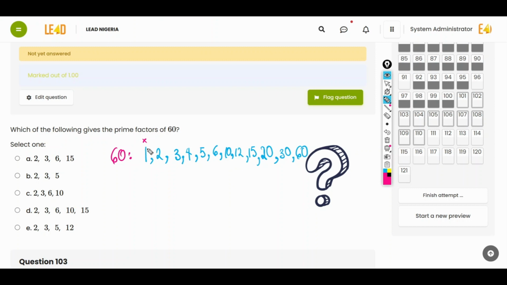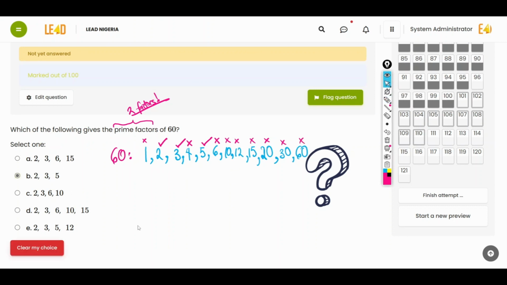All prime numbers must have 2 factors. 2 has 2 factors, 3 has 2 factors, 4 has more than 2 because 2 is an additional factor, 5 has 2 factors, 6, nope, 10, nope, 12, nope, 15. So I guess the answer we have is just 2, 3, and 5. That's option B.